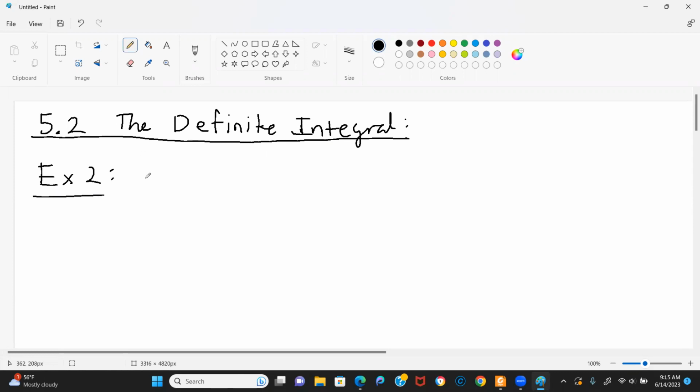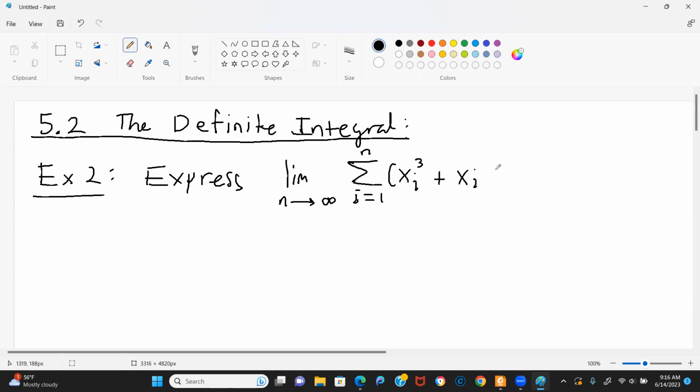And what we are asked is to express this limit right here, the limit as n goes to infinity of this Riemann sum, as i goes from 1 to n of xi cubed plus xi sine of xi delta x.